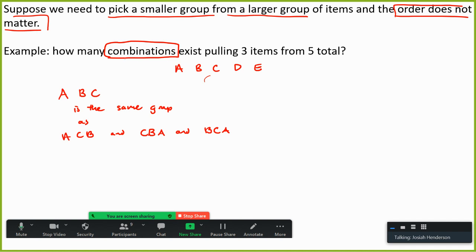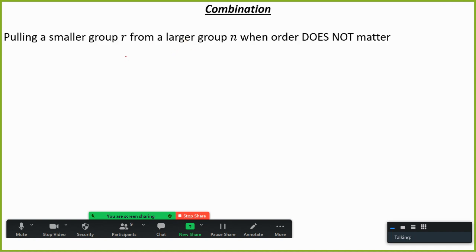And now we're going to look at combinations when order doesn't matter. So the definition for a combination is almost the same: pulling a smaller group R from a larger group N, but order does not matter.